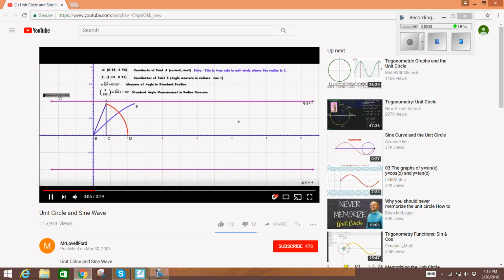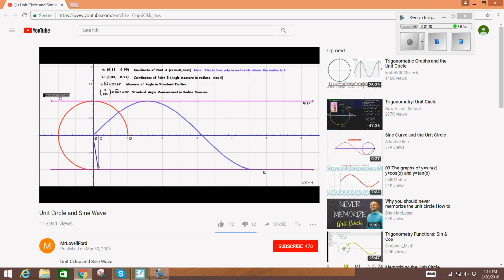So here's the graph, and here is the angle that we're creating, and the distance, this line here. And it's creating this image here, which is kind of cool.